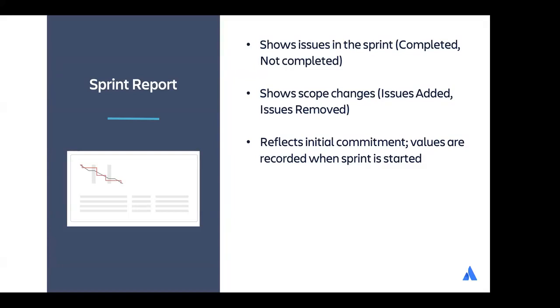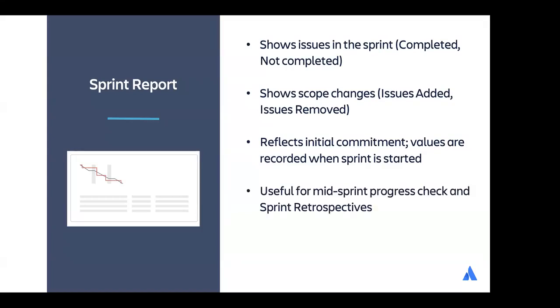And if you see no story points, it means that the team didn't estimate that issue, and 0 means that the team added a 0 point value. You'll see all those changes of when it was actually added if you switch to the burndown chart instead, because this just shows you those initial estimates.